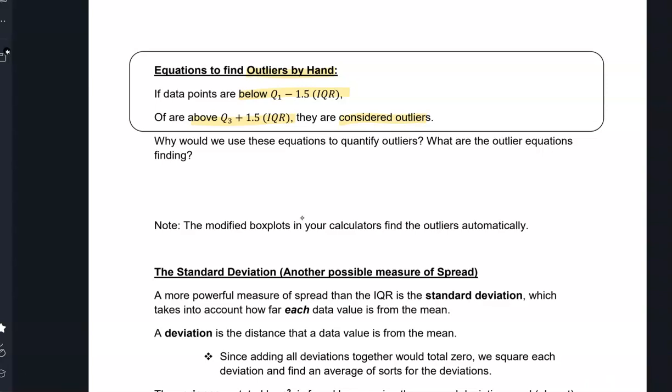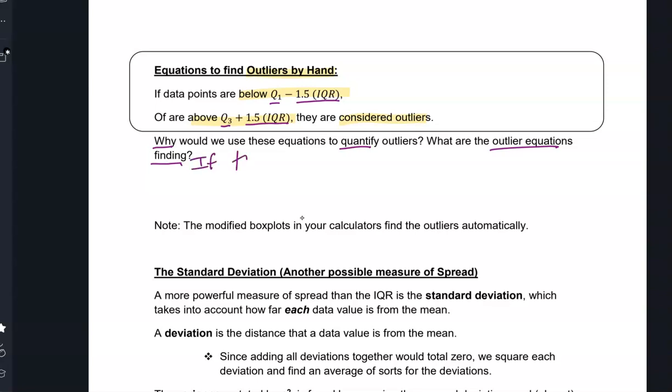So let's think about where these equations would come from. Why would these equations quantify our outliers? Basically, if we have a data point that's 1.5 times the IQR below Q1, or 1.5 times the IQR above Q3, those are so far away from that middle 50% of our data that they would be considered outliers.